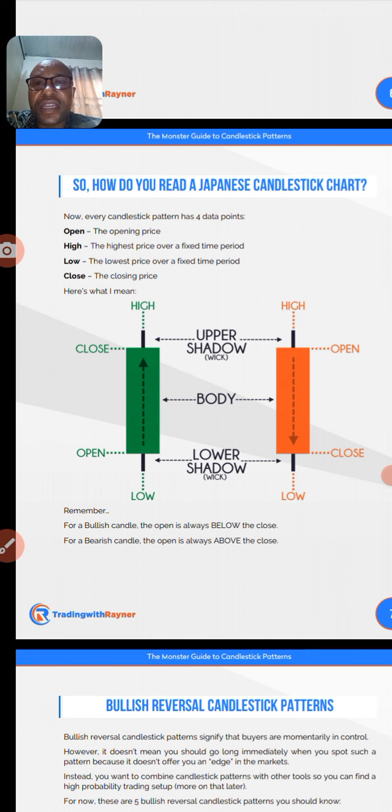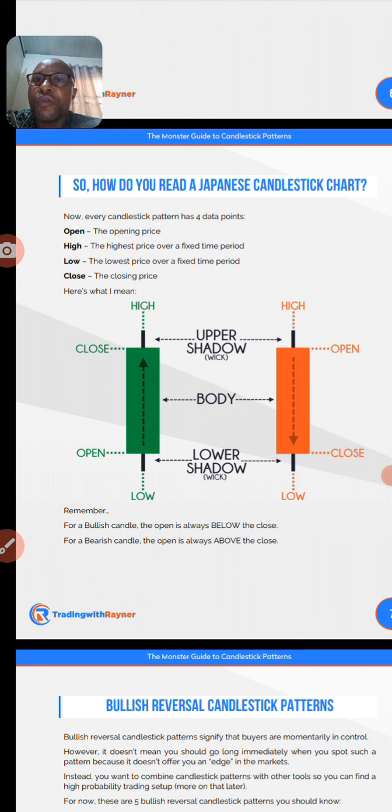And when the bull wants to fight an individual or group of persons or an animal, it bends its neck down, then lifts the animal up. That is the reason why the opening of a buy candle starts at the support area, the down area, on the floor. Now, that place you are seeing the shadow is where the price got to before it closed, and opened at that area.